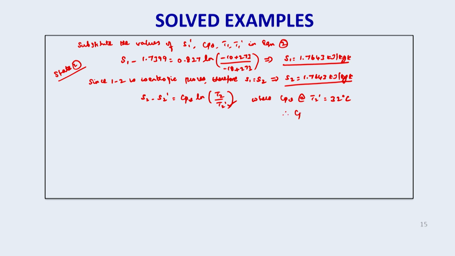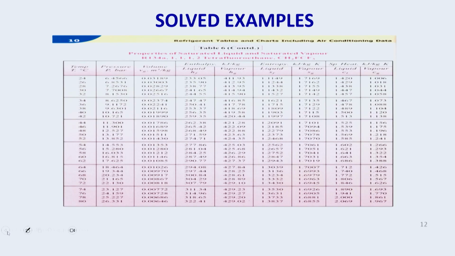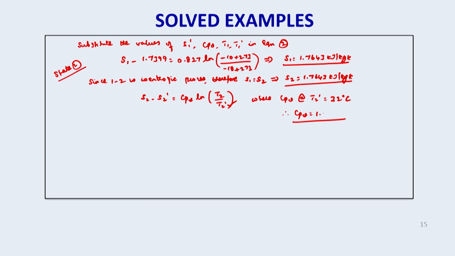Therefore, Cp of vapor, let us go to this refrigerant table, corresponding to 32, Cp of vapor is 1.058 kilojoule per kg Kelvin from the R134A table. So now Cp of vapor is known.